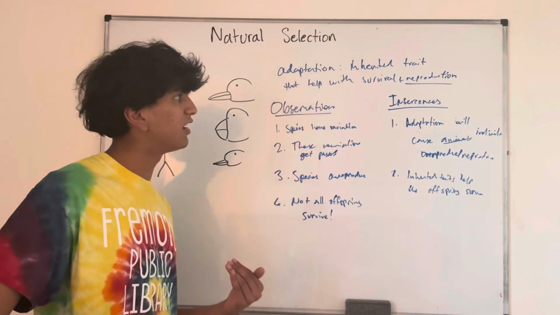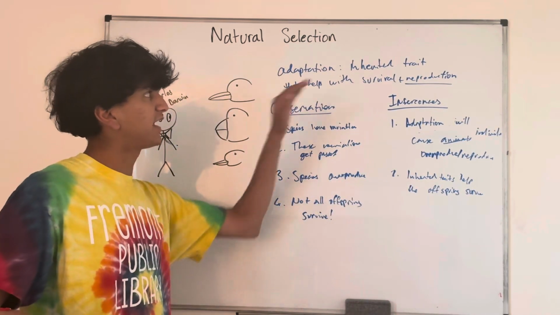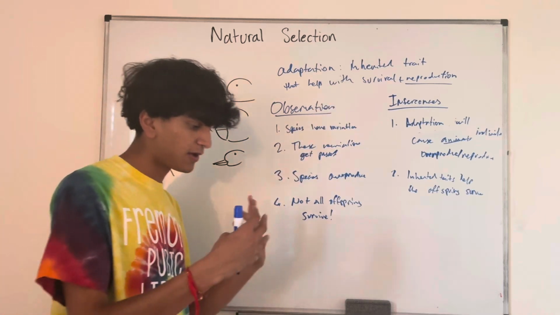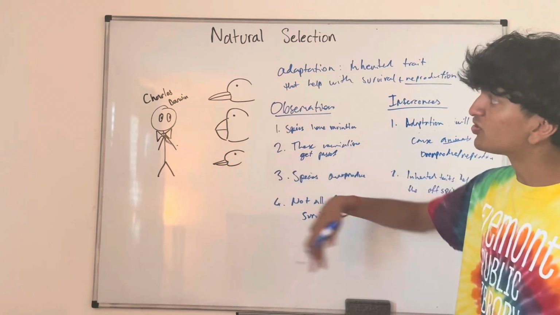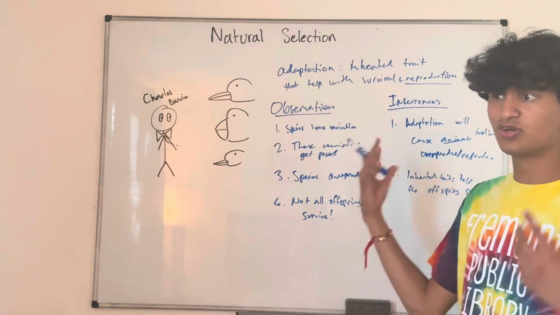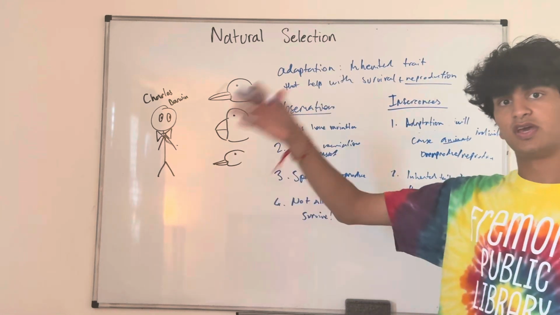Now the question becomes, where does an adaptation begin, right? Because with these finches, Darwin realizes they're really different from the finches in England.